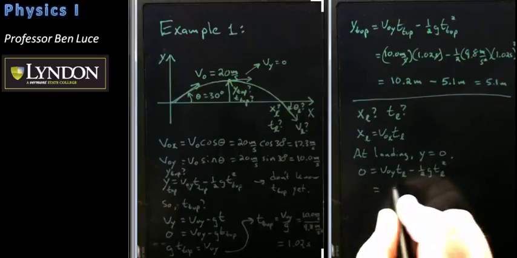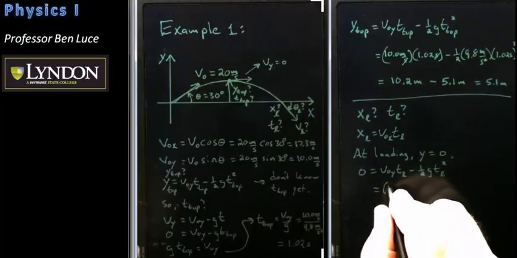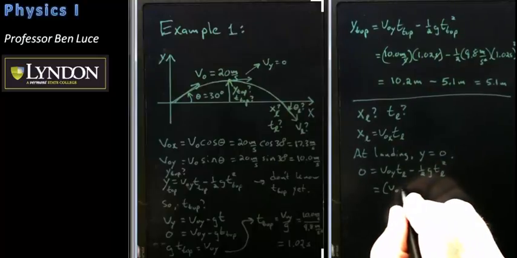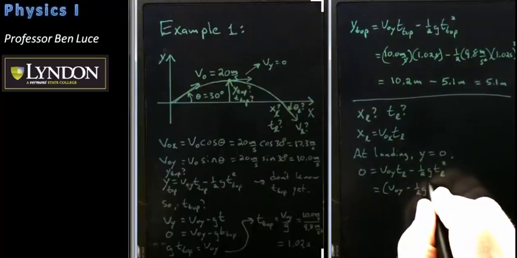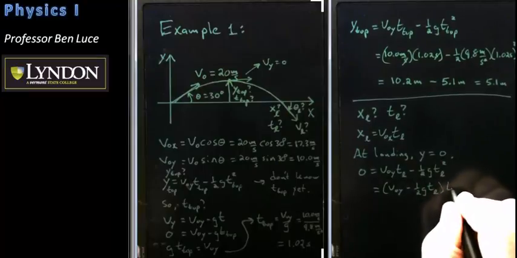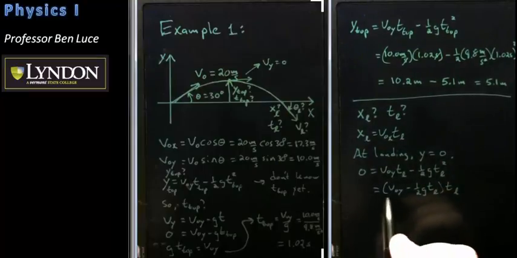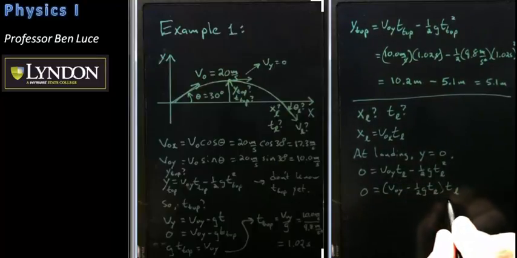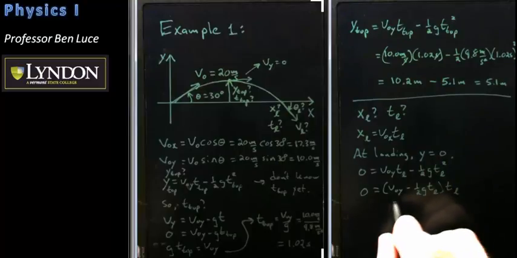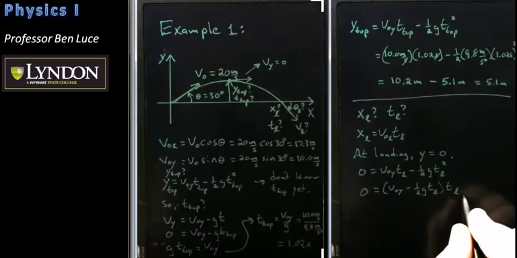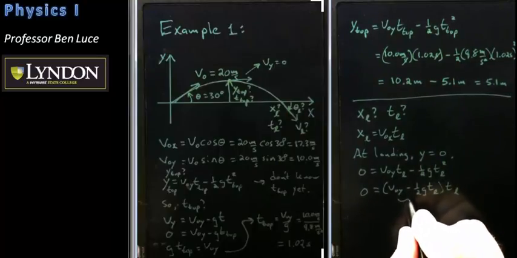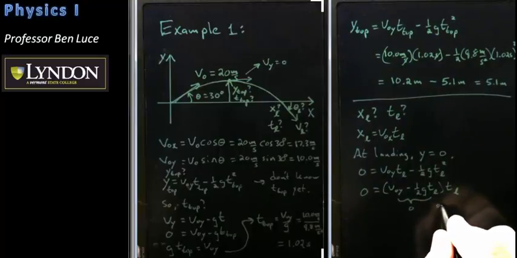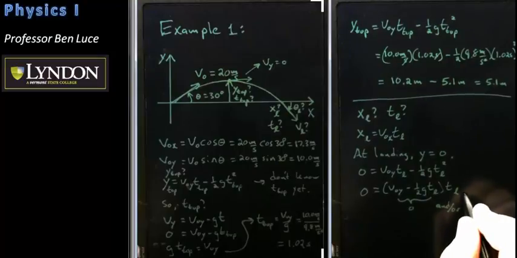The way I'm going to do this is factor out a factor of TL from the right-hand side. All right, and now we have that 0 equals this factor in parentheses times this factor. Well, the only way that this can be true is if either or both this factor and this factor equals 0. So this can be true only if this is 0 and/or this part is 0.